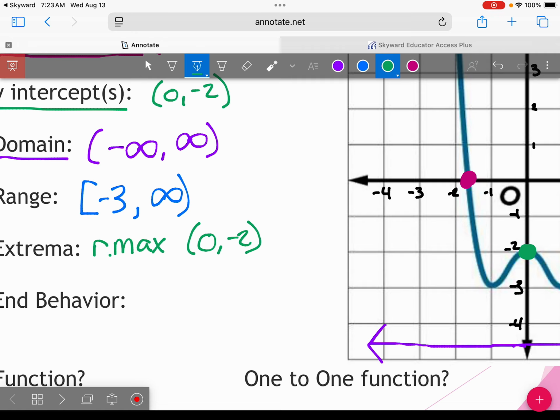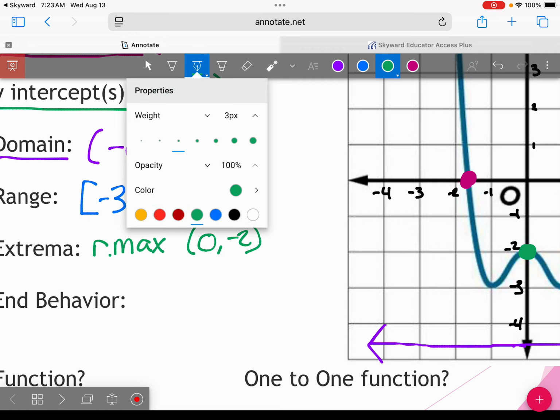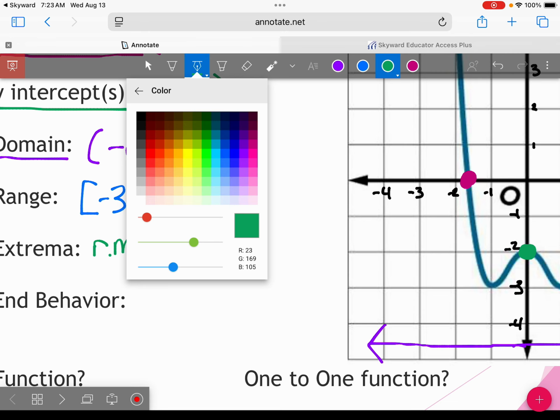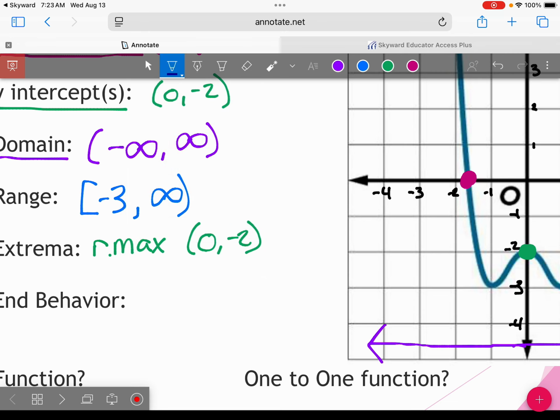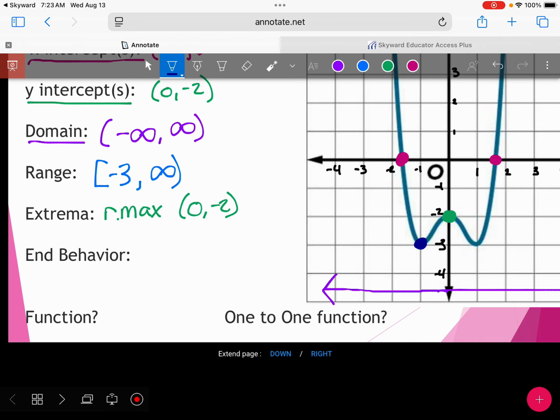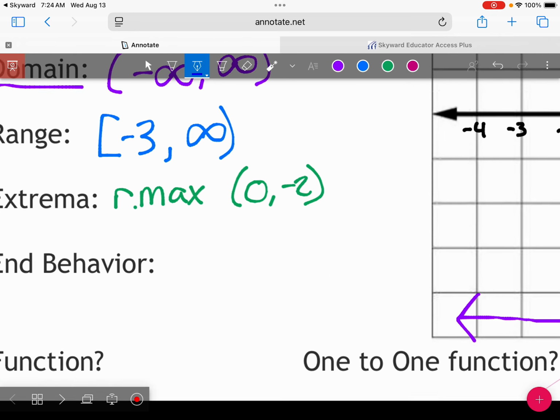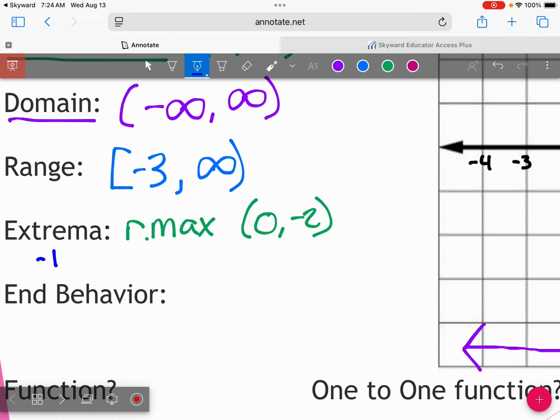What other extrema do we have? Our -1, -3 is one, definitely. So -1, -3. What kind of extrema is that? It's a minimum. It's an absolute minimum.